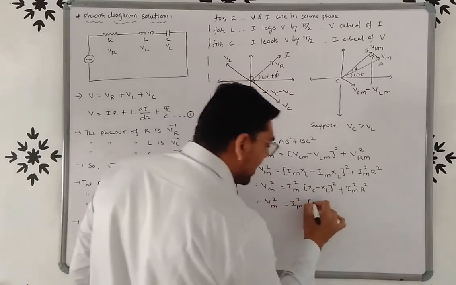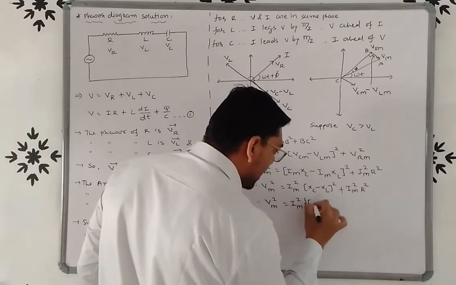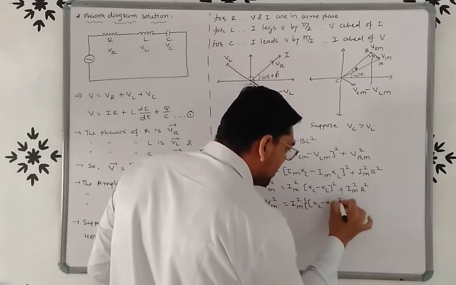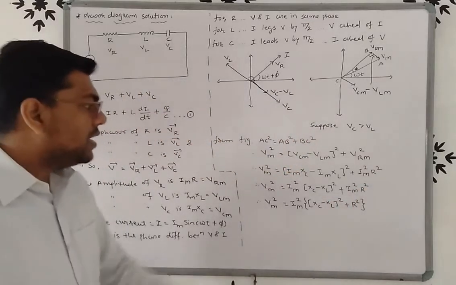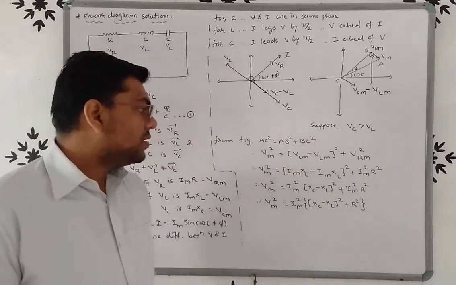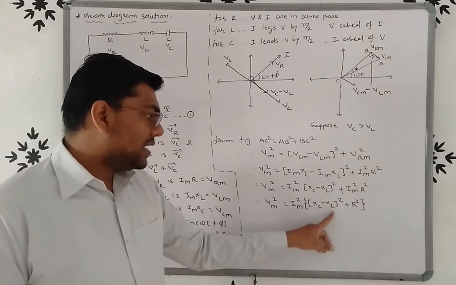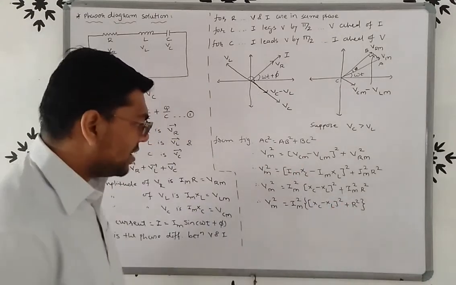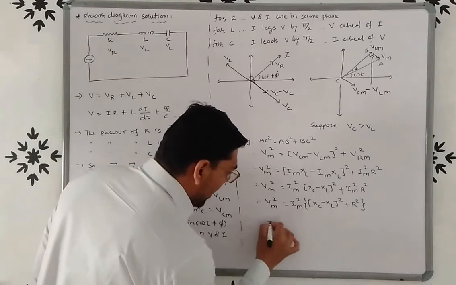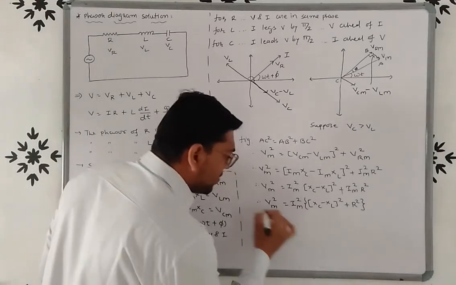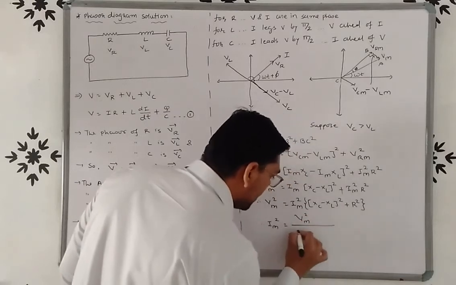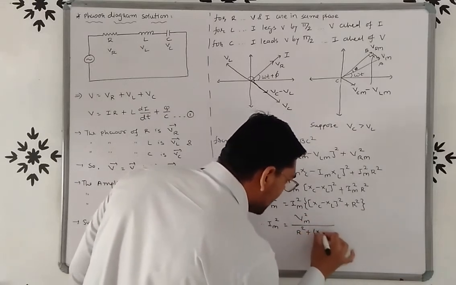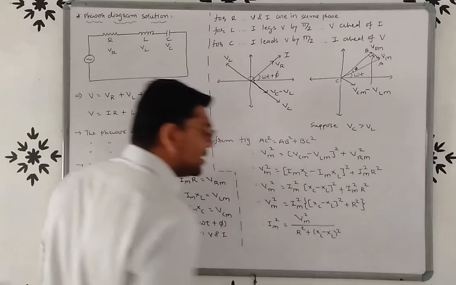So here we can write XC minus XL whole square plus R square, right? So Im square is equals to Vm square upon R square plus XC minus XL whole square.